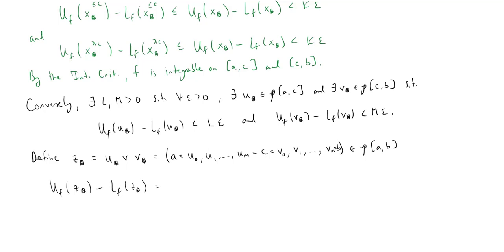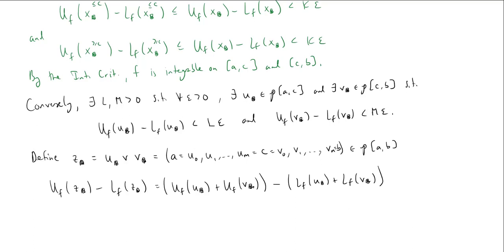So this would be equal to the upper sum over U plus the upper sum over V minus the lower sum over U plus the lower sum over V. That's just because you add up the first M of them, and then you add up the next N of them.